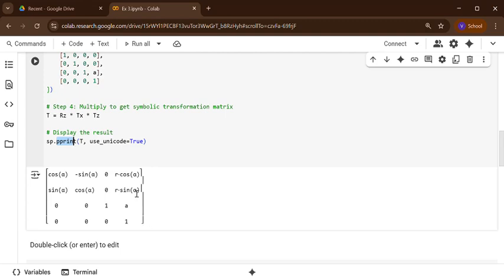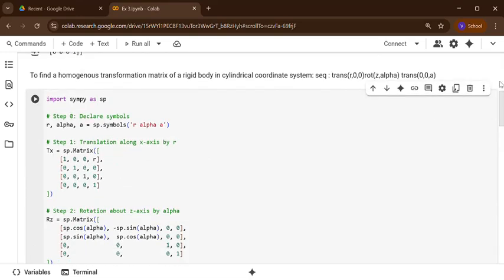Okay, if a client is approaching you and saying that please use a cylindrical robot, but my robot should reach this position.